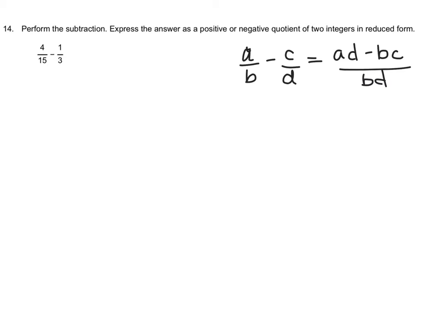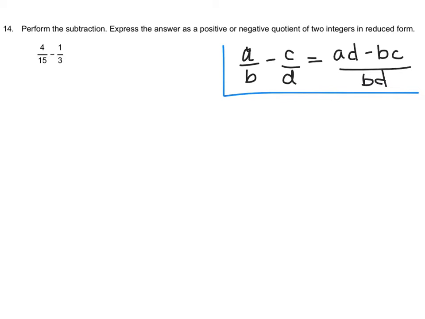In order to subtract or add fractions, we have to have the same denominator. Since these denominators are different, I'm going to use the definition written on the screen to subtract these two fractions. This says that a over b minus c over d equals a times d minus bc over b times d.